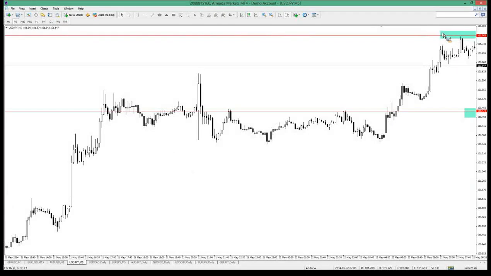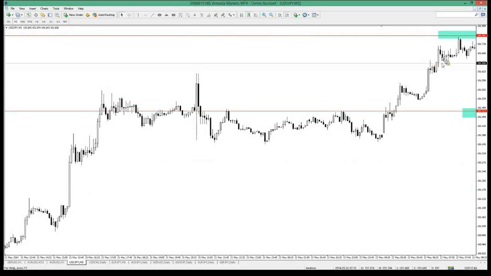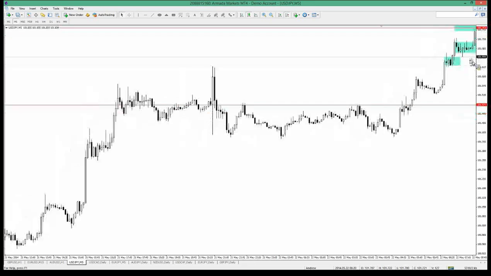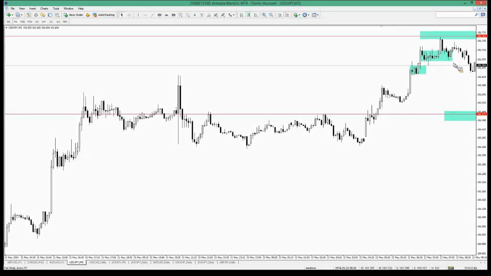Price grinds higher, we get this drive up, and once again you see the consolidation, price breaks above, takes a move up, consolidation, price breaks above. And then eventually we get this larger base getting built.